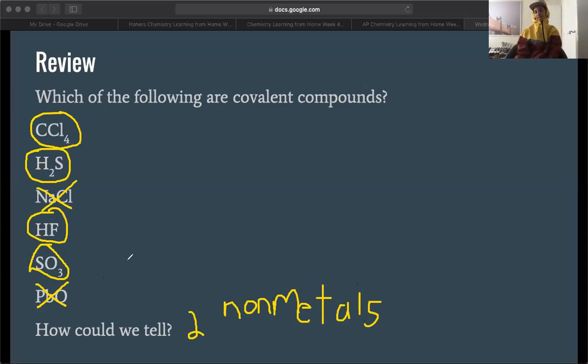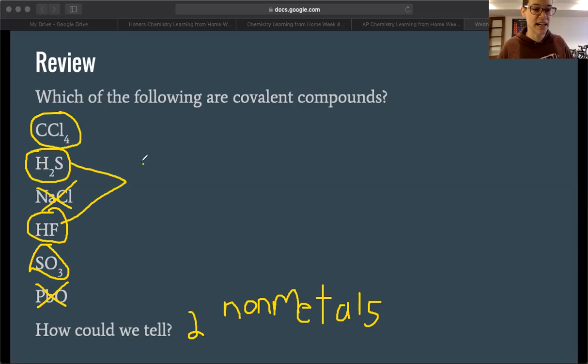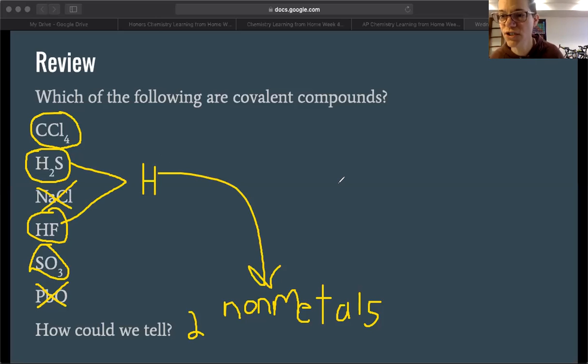I put Pb on there for a reason, because while it looks like it's on the right-hand side of the periodic table, it is on the left-hand side of that stair-step line. So Pb is a metal. And don't forget, for both of these, hydrogen is a non-metal. Hydrogen, which hangs out on the left side of the periodic table, is a non-metal. So that is one thing you have to watch out for. But today we are dealing with when you have 2 non-metals.